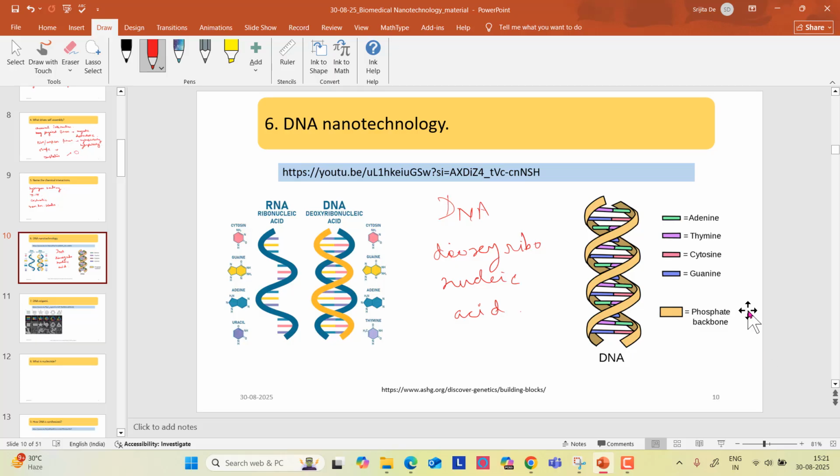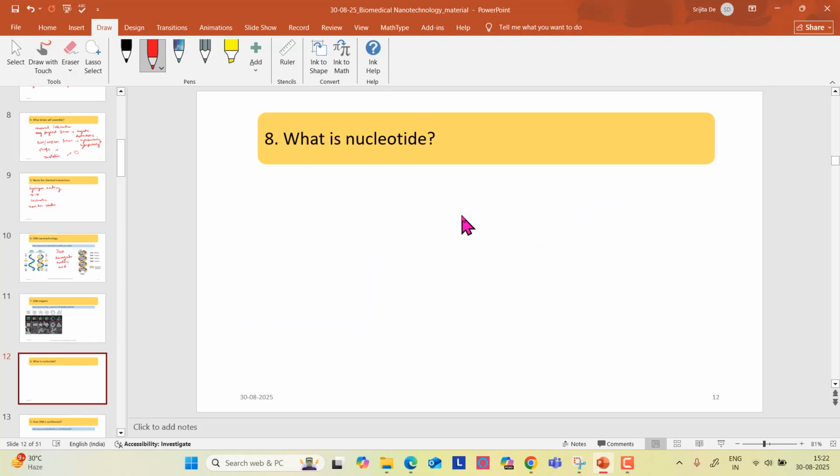DNA is very much exploitable for its unique structure and unique applications. Okay, so these base pairs can be manipulated for our different biomedical research.